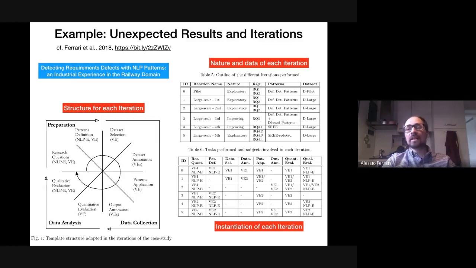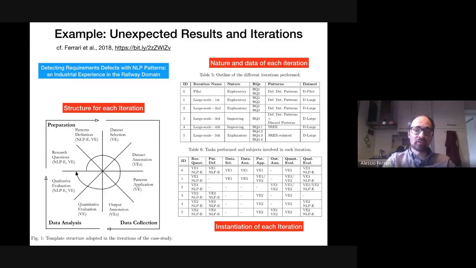And in the table on the right side, you see that each iteration has a main nature that can be exploratory or improving. Here we don't distinguish between exploratory, confirmatory, between the stage and the goal, but imagine that this keyword is characterizing the main objective of the study.